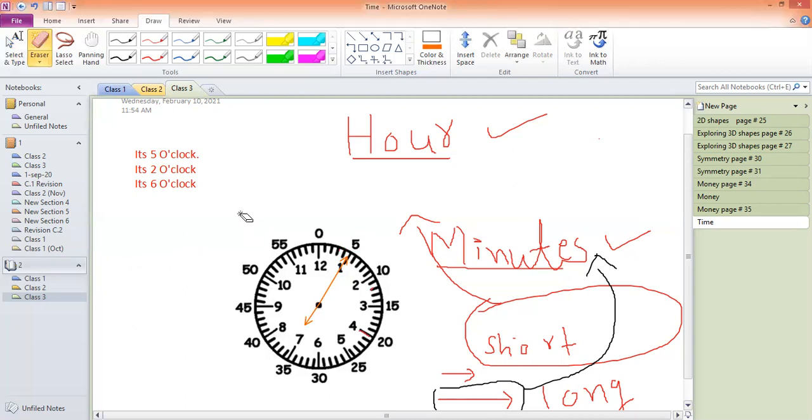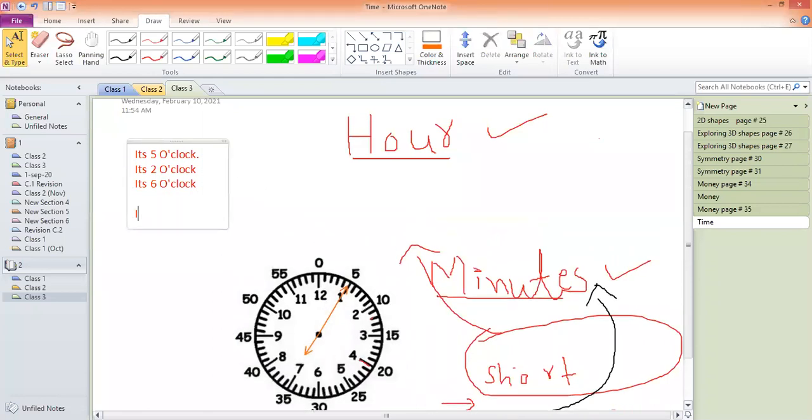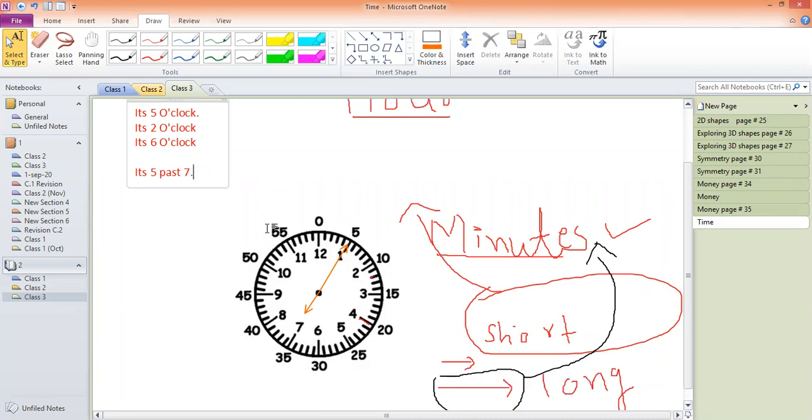How you will write the answer is, you will say, sir, it's 7:05. In that way you will write it. What does that mean? That, sir, 5 minutes have passed after 7.